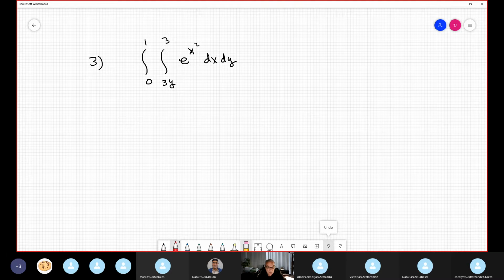Integration first with respect to x. So x varies from 3y to 3. Good. And y varies from 0 to 1. With this information, you separate it like equations. I know this is an inequality, right?